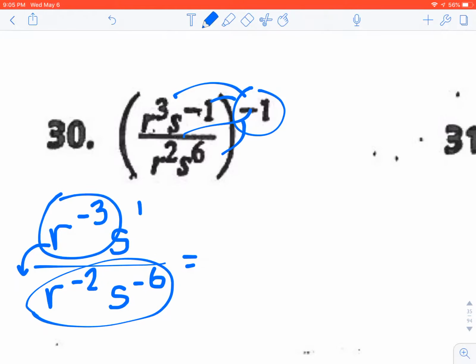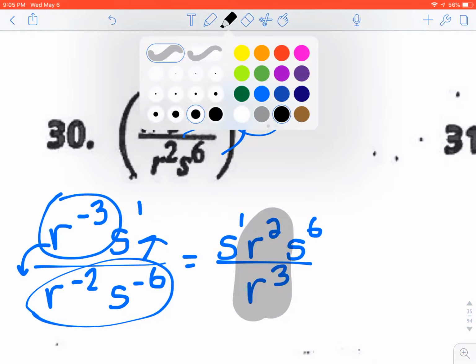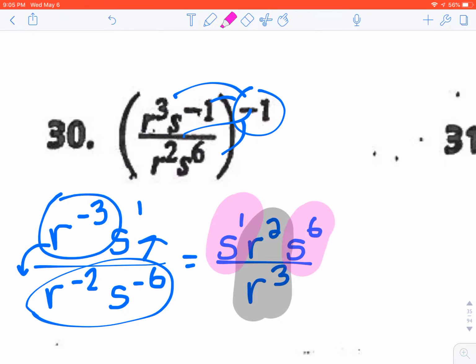You were then moving your negatives to the opposite side. So you should have had s to the 1st, r to the 2nd, s to the 6th, and r to the negative 3rd moves to the bottom. When you get to this point, look and see if any of the bases are repeating. The r's are, and the s's are.